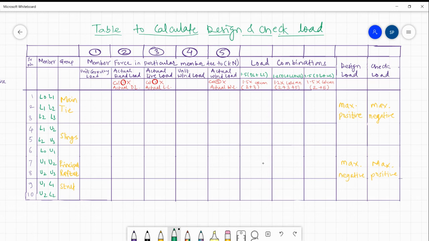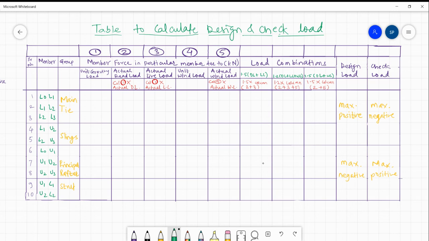These are slings. Slings are nothing but internal tension members, be it inclined or vertical, whatever the member is, depending on the configuration of the truss. So internal tension members are categorized as slings.